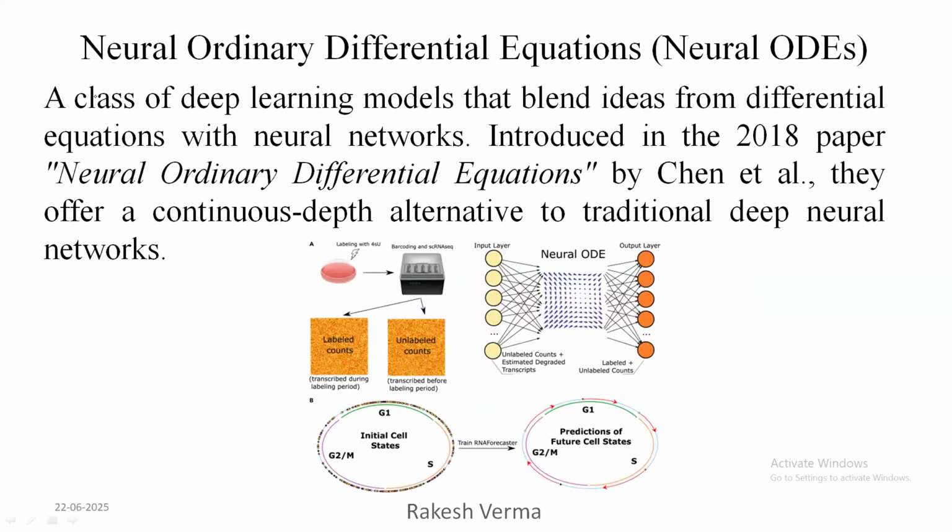Now after this, the next concept is the neural ordinary differential equation network. This type of network is a class of deep learning models, or neural networks, that blend ideas from differential equations with neural networks. That means it tries to integrate the concept of differential equations with the neural network.